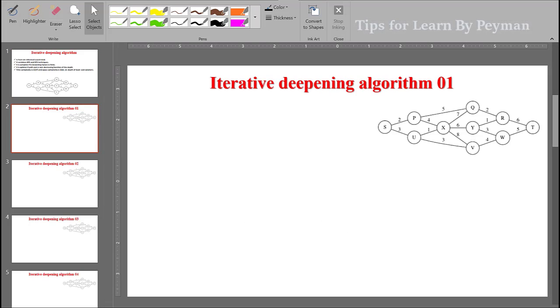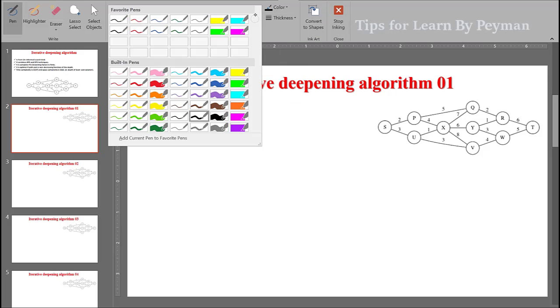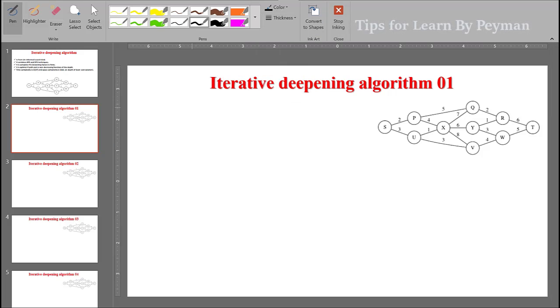Okay, let me choose a pen. Okay, as you see, we have the starting point here. We are at the first level, at depth equal to 1. At depth equal to 1, we have just this. If I want to show this on the graph, we divide it like this.